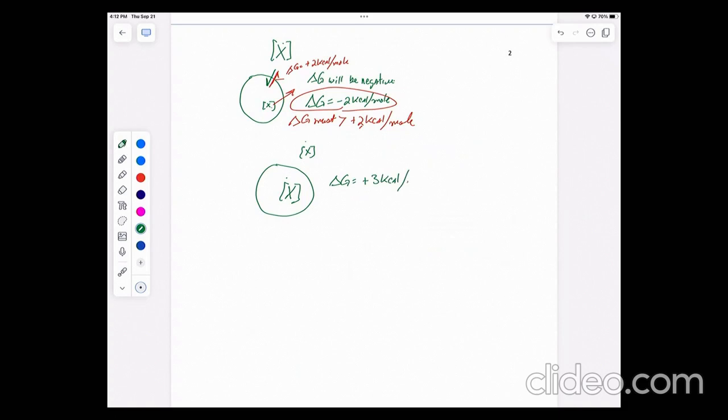You knew it had to be positive, because if I'm going to move this X into the cell, I'm going to have to push it against this concentration gradient. Therefore, right off the bat, you know that G has to be positive. So you run that calculation, and you get G being plus 3 kilocalories per mole.